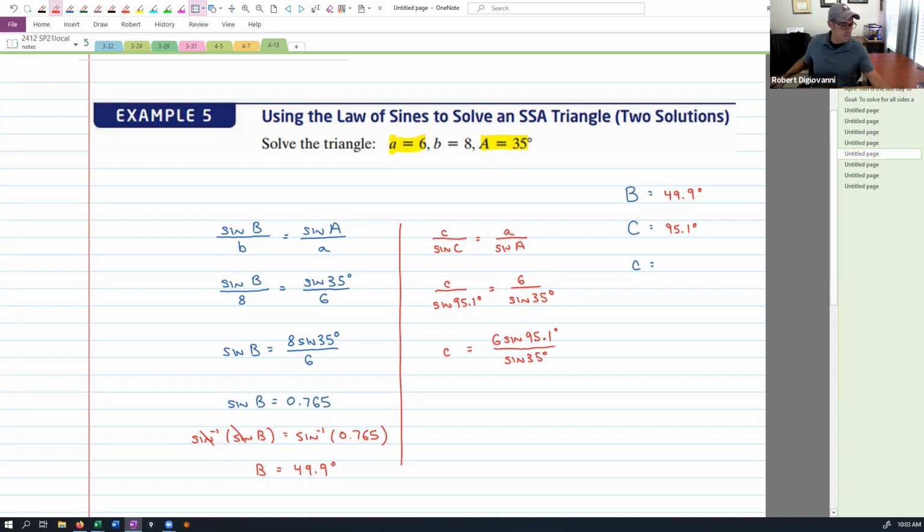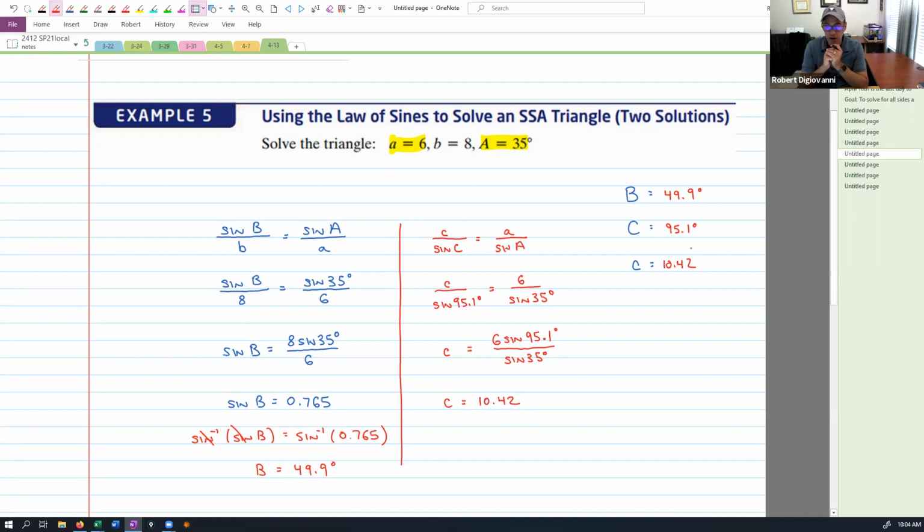Anybody have that yet? Yeah, I got c equals 10.4. Little c is what? 10.4, well, call it 10.42. Okay. Anybody else get that? I got that as well. Okay. Wonderful.